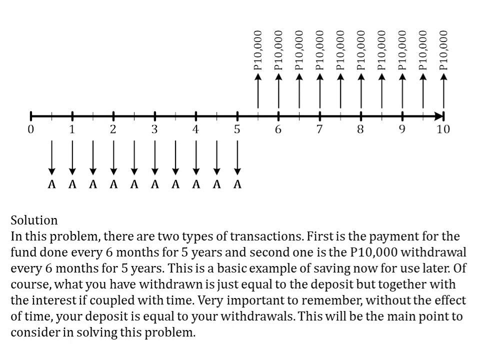This is like the example before, where you cannot compare the peso in year 2000 with the peso in year 2020. You can compare them if you take the peso in 2010 and find its equivalent in 2020, or place it in 2010. So they are equal as long as they are in the same time period. So this will be the main point to consider in solving this problem.